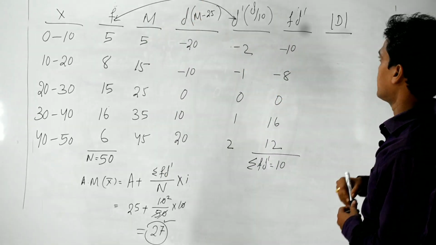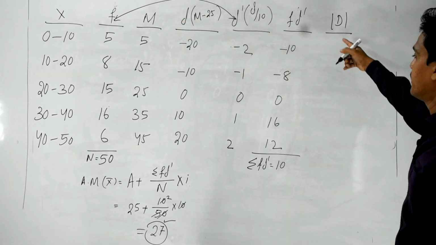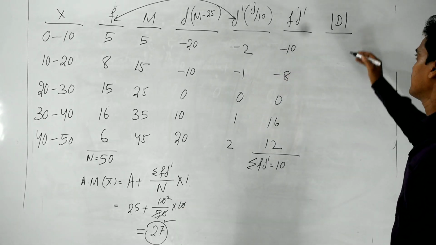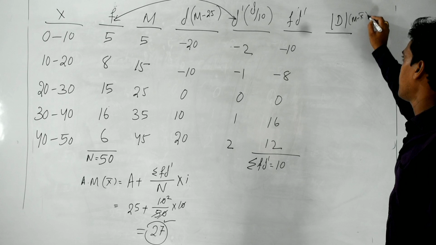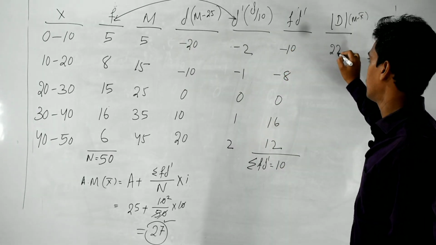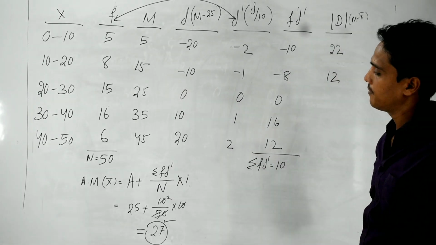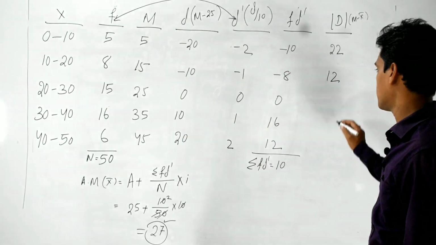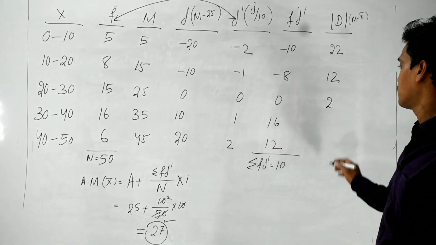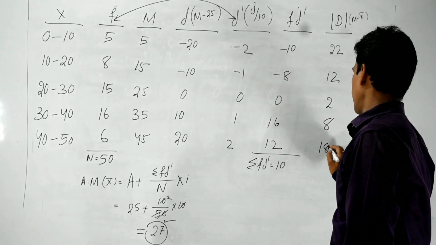So as we are computing the mean deviation from the arithmetic mean, D mod should be the midpoint minus the arithmetic mean, that is m minus x bar. So 5 minus 27 is 22, 15 minus 27 is 12, 25 minus 27 is 2, 35 minus 27 is 8, 45 minus 27 is 18.